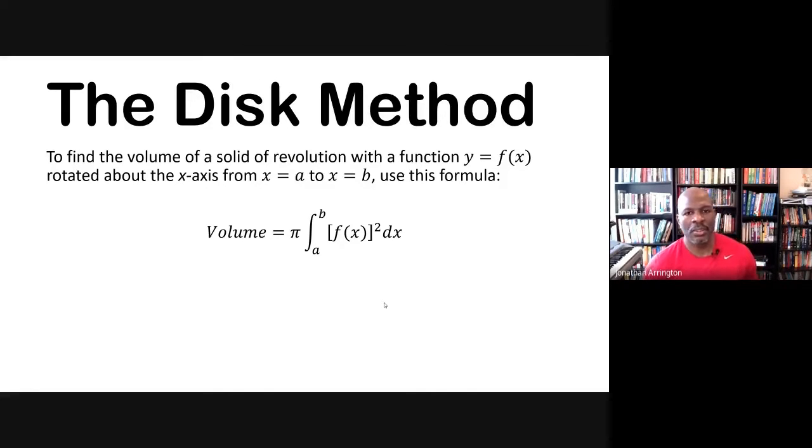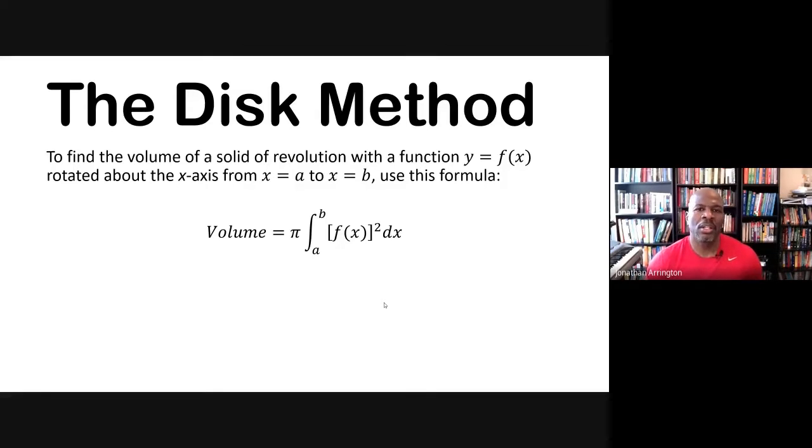So when we first started doing the DISC method, as you can see on the board, the function was revolved about the x-axis, and the method we found to find the volume is pi times the integral from a to b of f of x squared dx.